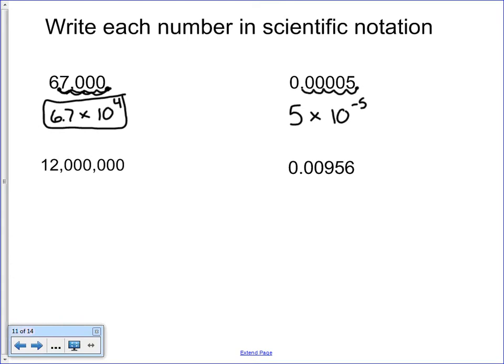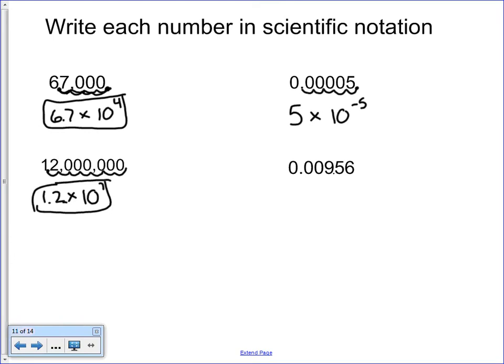So 12 million. Where do I want to put that decimal point? In between that 1 and the 2. So I have 1.2 times 10 to the what power? 1, 2, 3, 4, 5, 6, 7. So 10 to the 7th. 1.2, there we go.